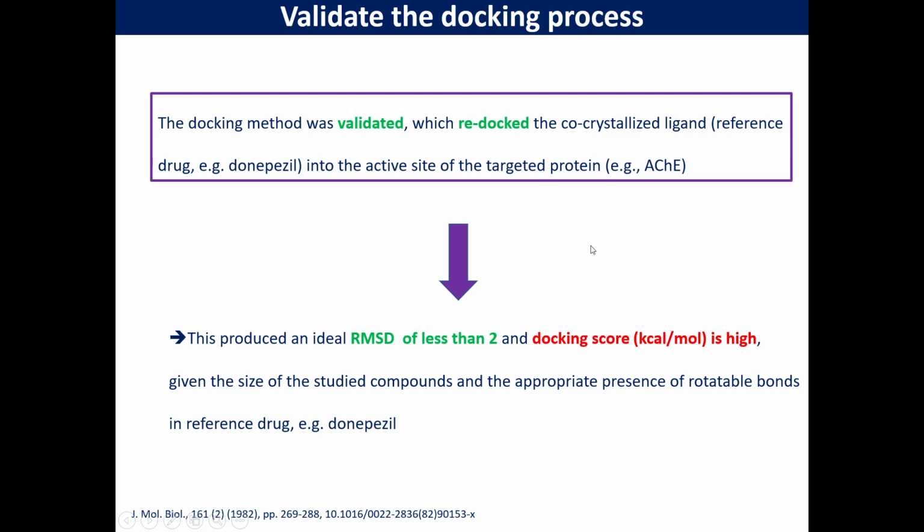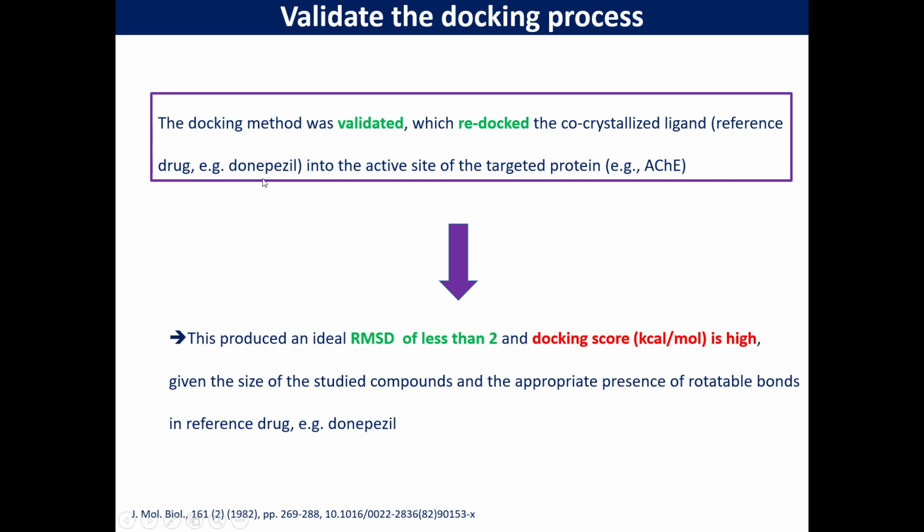The third one is I want to show you how to validate the docking process. Why do we need to validate the docking process? Because the purpose of QSAR 3D is to identify new compounds, right? But you need to compare with reference drugs. For example, here this is donepezil, which is FDA approved for Alzheimer's disease treatment.